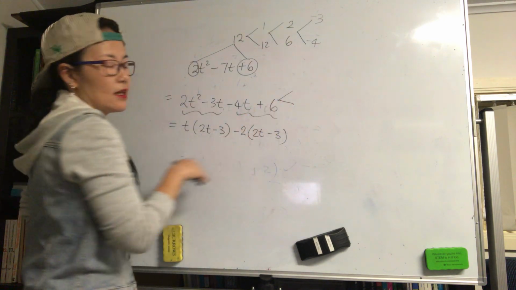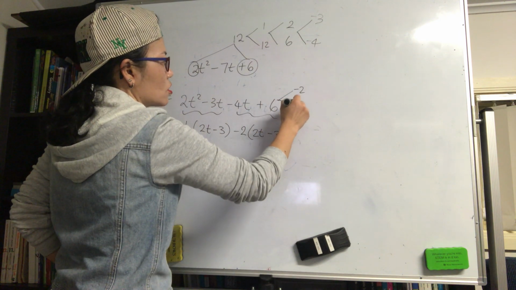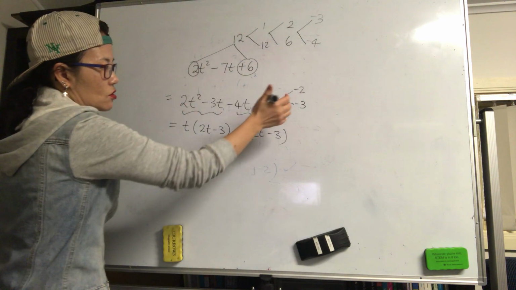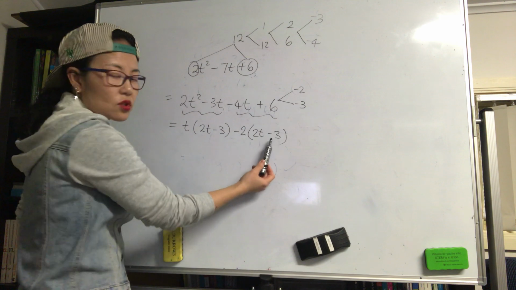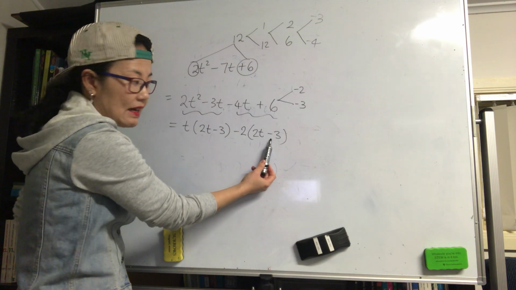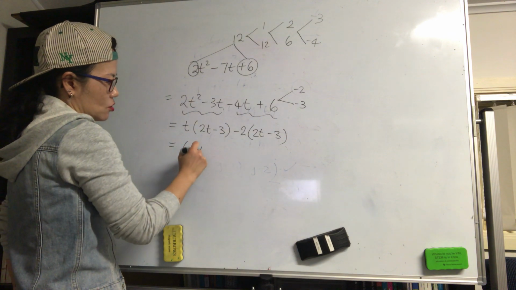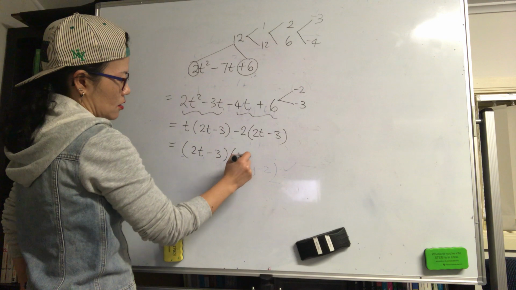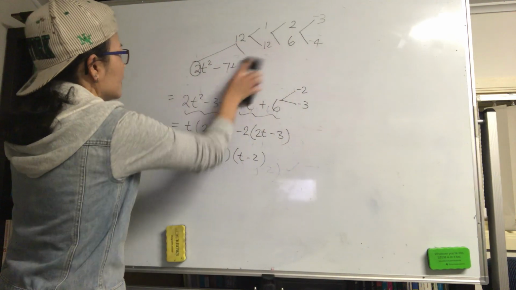I would say the factors of 6 are minus 2 times minus 3. Remember, negative times negative is positive. So if I take the minus 2 out, you still have minus 3 left in there. So therefore, my common factor now is 2t minus 3, and my factors are 2t minus 3 and t minus 2. So that's my factors. Okay, so that's not too bad.